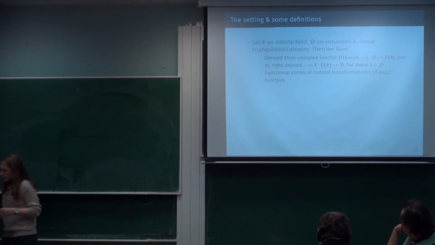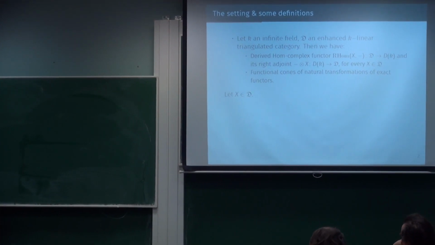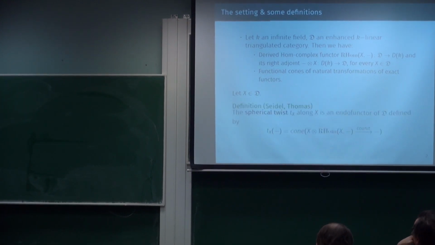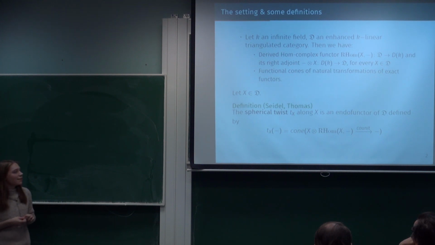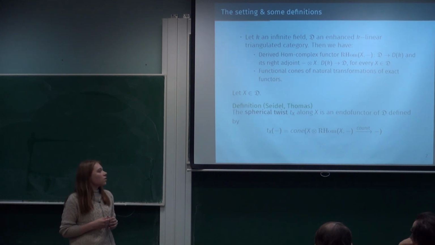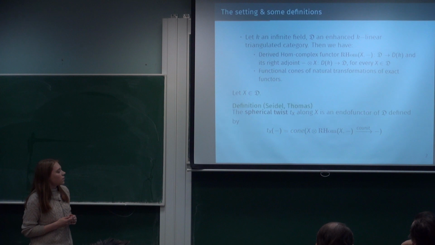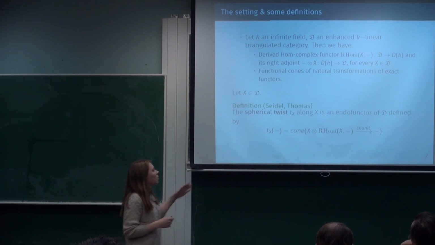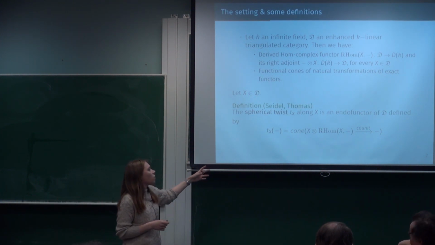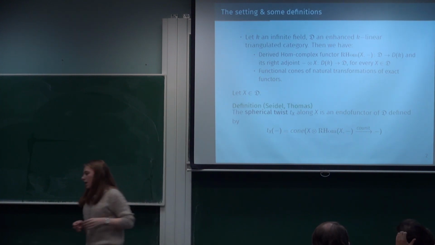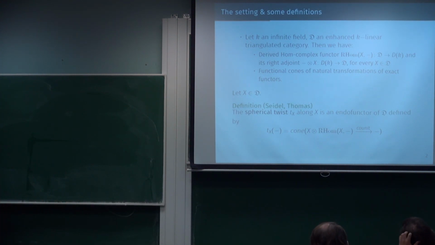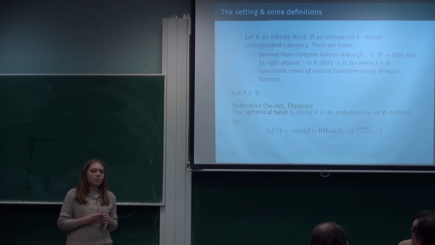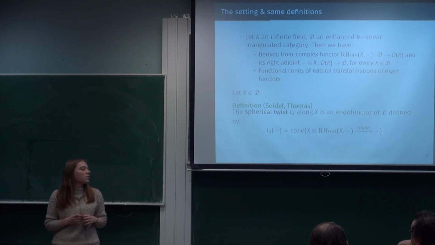So in this context, one can define for every object X of D the spherical twist functor T_X along X, which is an endofunctor of D defined by the following formula. So this is just the cone of the counit of this adjunction here. This definition is due to Seidel and Thomas, and it was originally motivated by homological mirror symmetry.